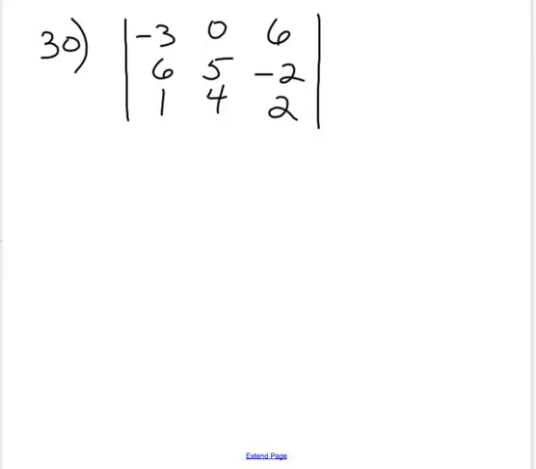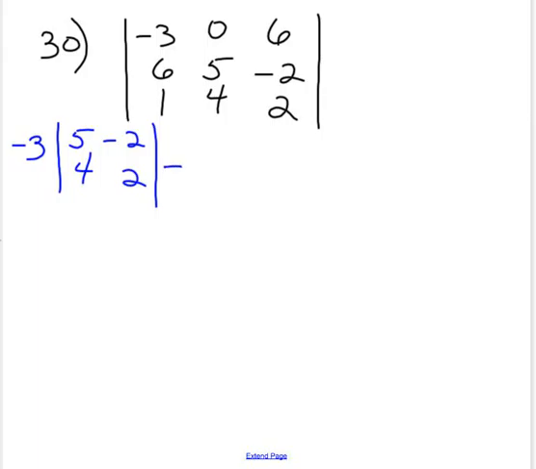What I mean by that is I first start with -3. If I eliminate row 1, column 1, the remaining 2x2 determinant is the 5, 4, -2, 2. I eliminated row 1, column 1, creating a 2x2 matrix of the other four numbers.